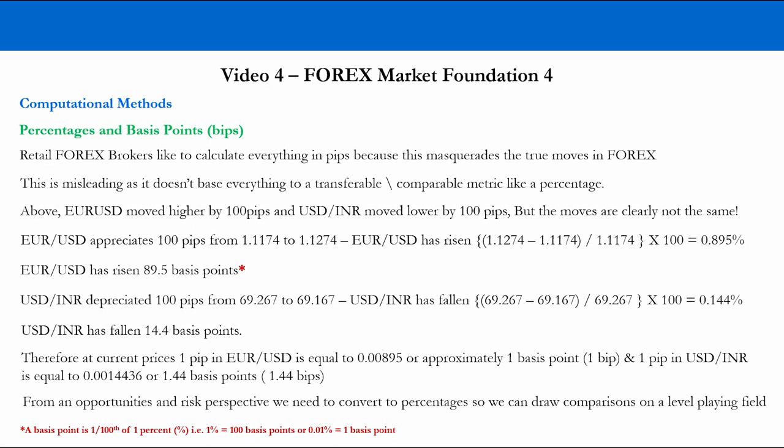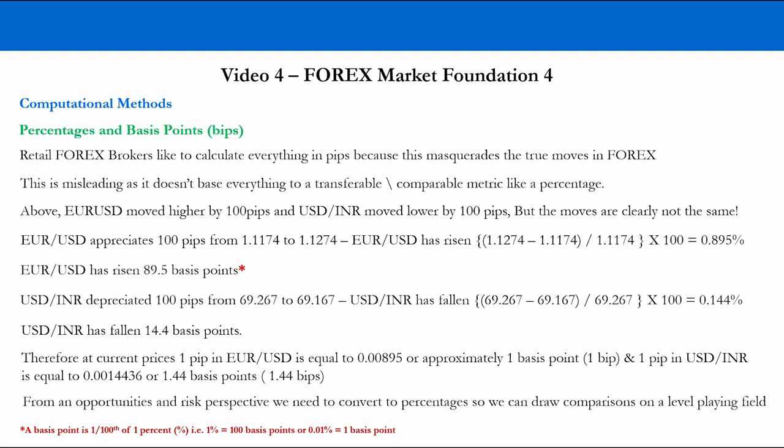So you can see that if you put the same amount of capital into both trades, let's say you put $100,000 on euro dollar and $100,000 on dollar Indian rupee, and you got a 100 pip move in euro dollar relative to dollar Indian rupee, you're actually going to make a much higher basis point return, so percentage return.